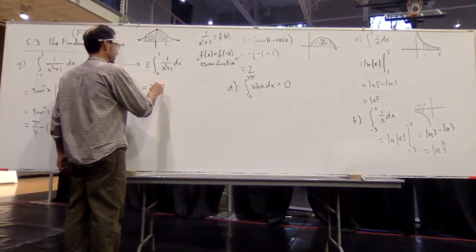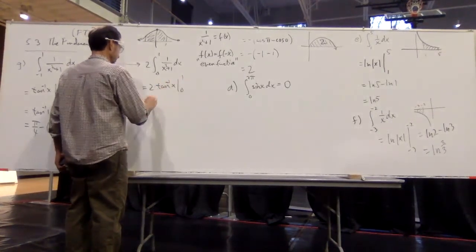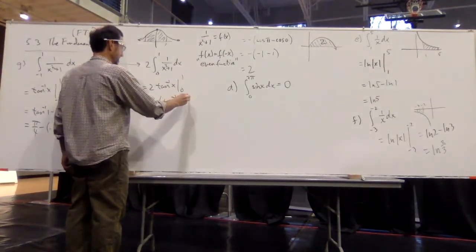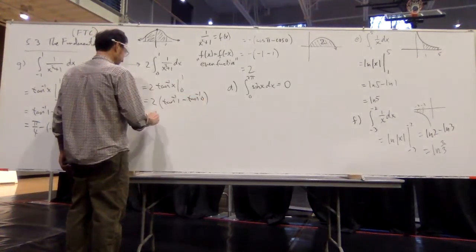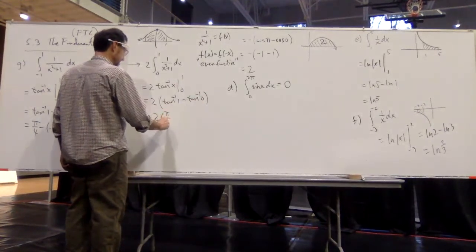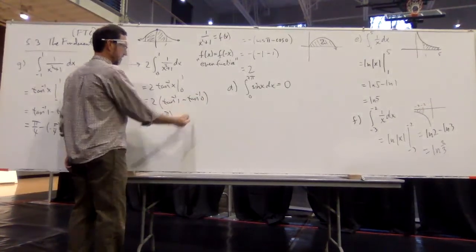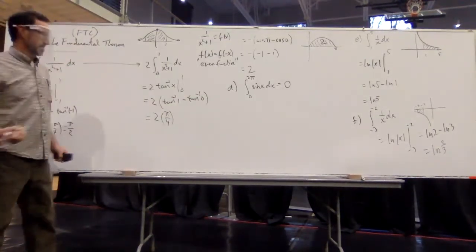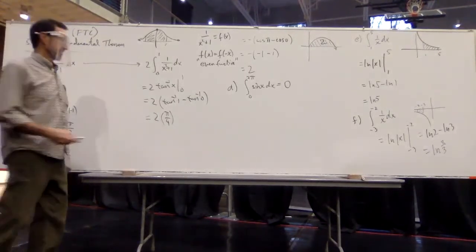So now we get twice the inverse tangent of x from 0 to 1, which is twice the inverse tangent of 1 minus the inverse tangent of 0. I think William just told us the angle whose tangent is 1 is pi over 4. What's the angle whose tangent is 0? 0.